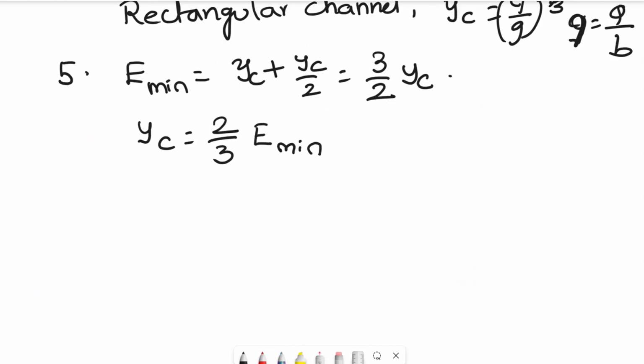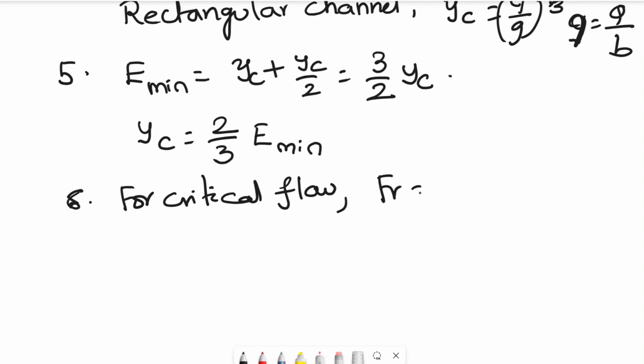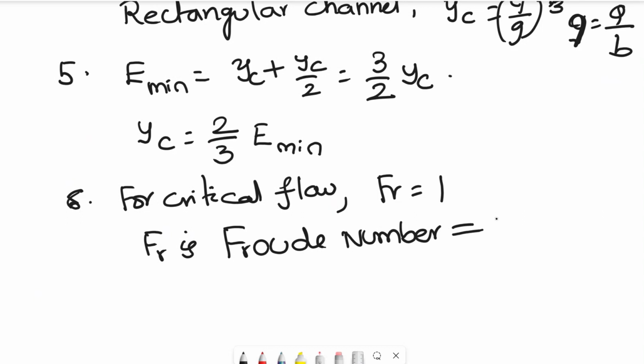The last condition is, for critical flow, Froude number is equal to 1. Fr is nothing but the Froude number. Fr is equal to 1, and in that case, y is equal to yc.